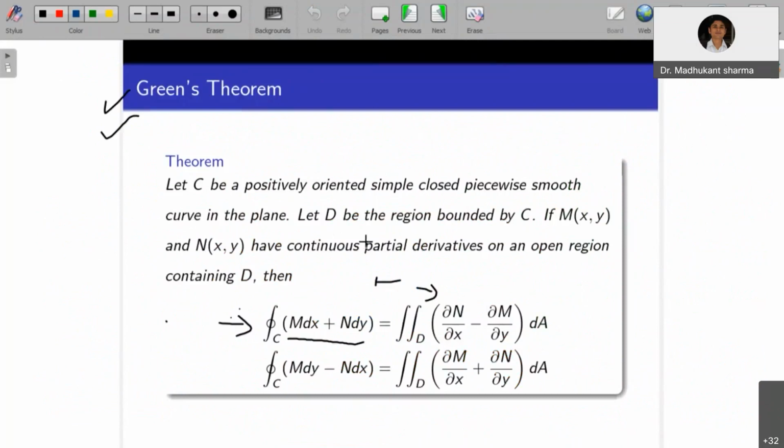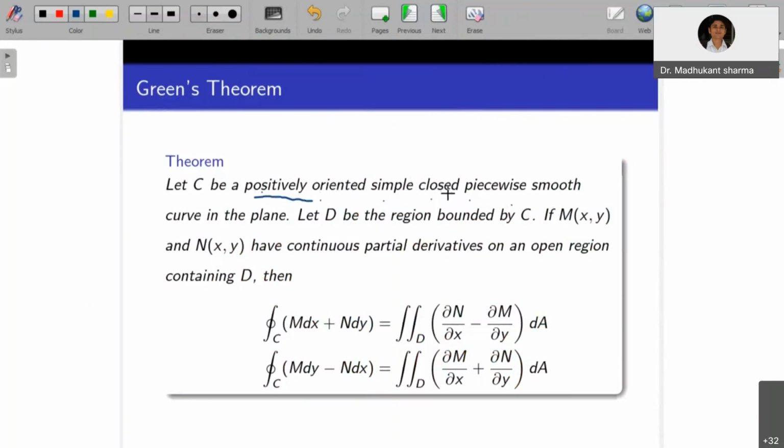So the first integral. Let's first read the statement here. Let C be a positively oriented, simple, closed, piecewise smooth curve in the plane. What we understood by positively oriented is anti-clockwise.